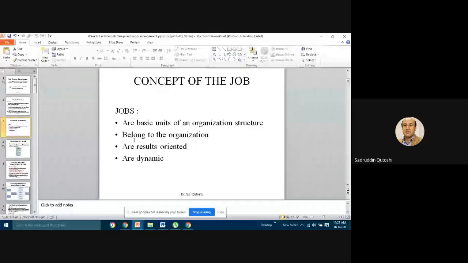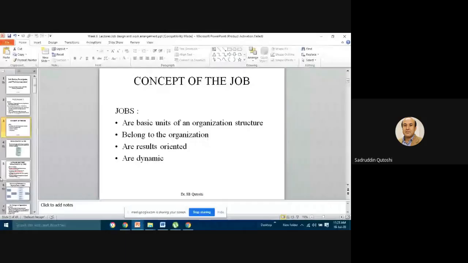Basically, every job, when you talk about a job, belongs to an organization. So without an organization, it does not mean to say it's a job.